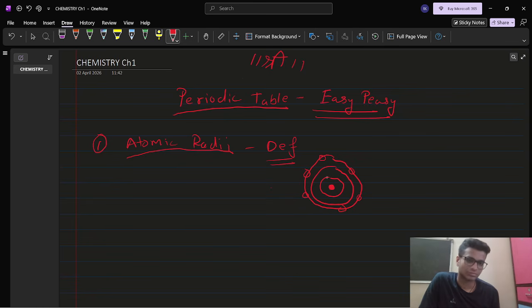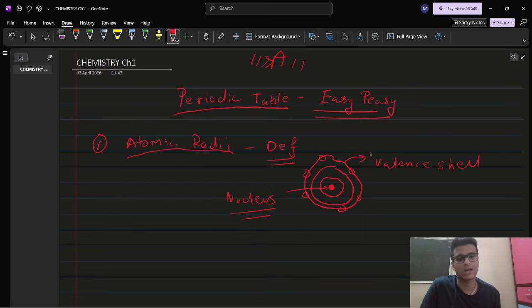So the definition of atomic radius is mainly the distance between the center of the nucleus, see, this is the nucleus, and the outermost shell, which is also called the valence shell.